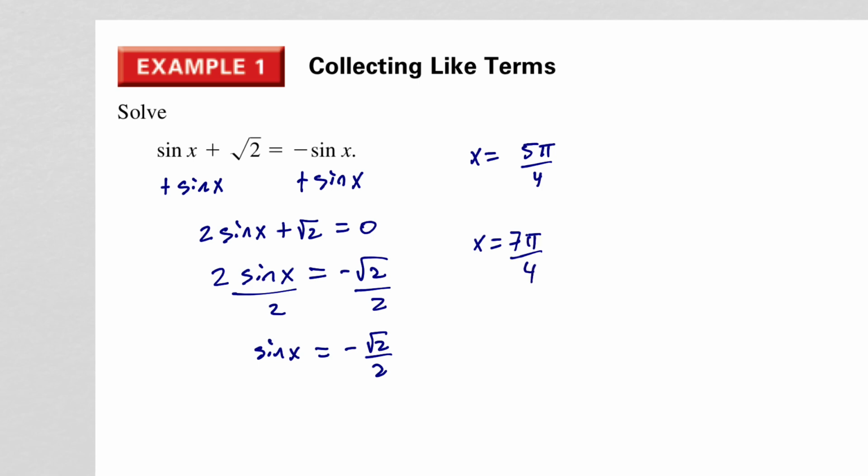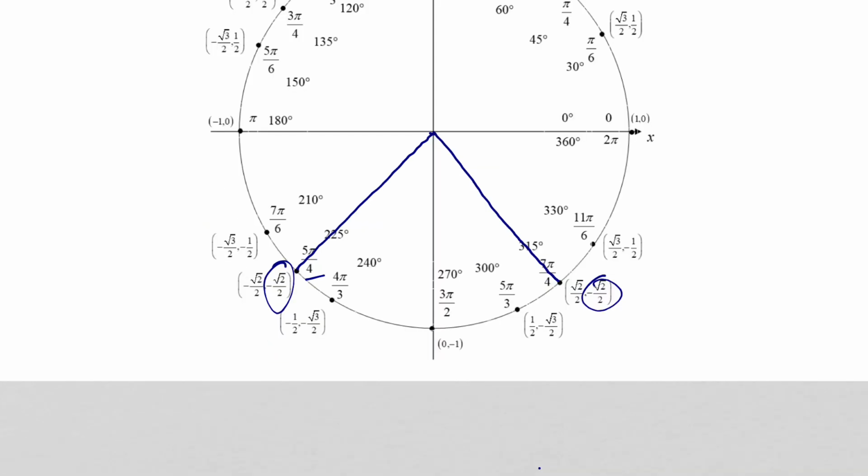So I'm going to say x equals 5 pi over 4 and x equals 7 pi over 4. And so I said those are initial solutions because, yes, the angle 5 pi over 4, which is the angle measured from here around to here, is a solution. But also, if I went all the way back around and end up back here, that's a coterminal angle. That's also going to be a solution. And I could do that infinitely many times. All of those are going to be solutions to these equations. So notice each time I go around, that's a full rotation.